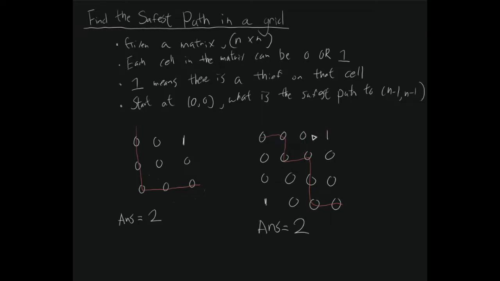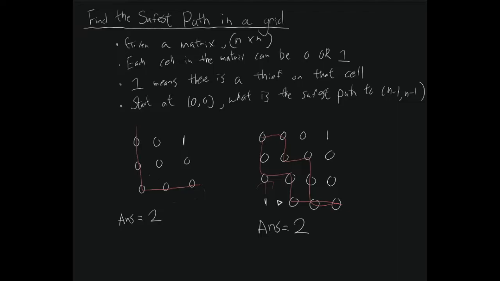You might say, why don't we pick another path that is further away from this thief, like this path? But in here, you can see there's another thief in this position. If we pick another path like this, it will take this thief 1 step only to reach you.